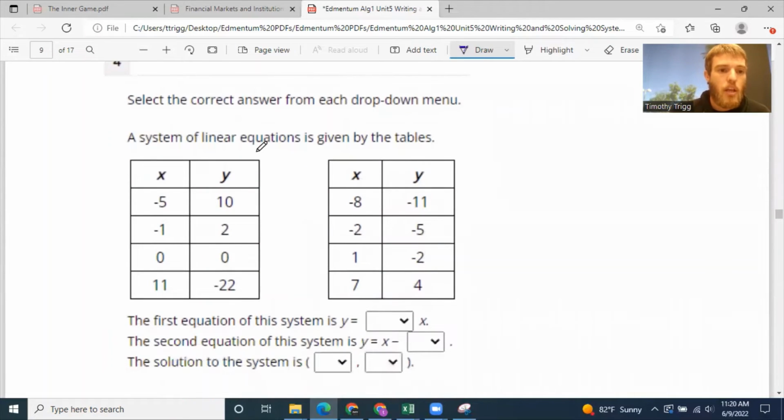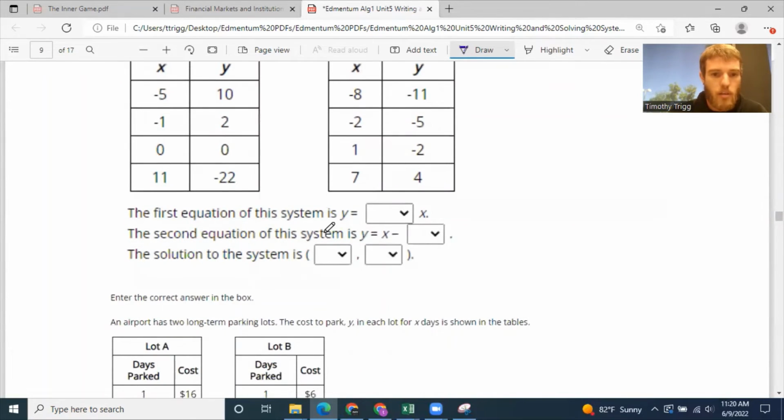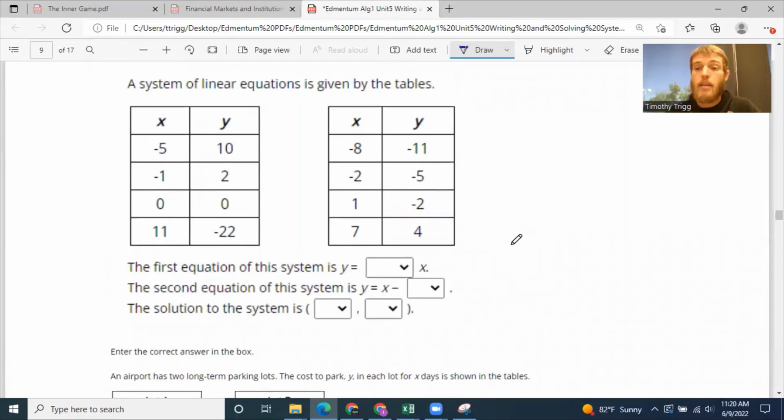Okay. Here we've got a system of linear equations in the given tables. Second equation, minus solution. Okay. So here we need to find the equation for each of these. Well, we can write them in y equals mx plus b slope-intercept form.